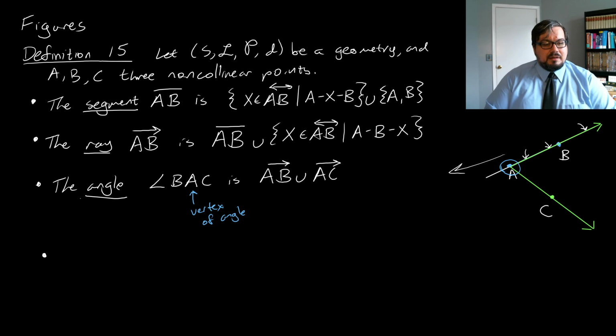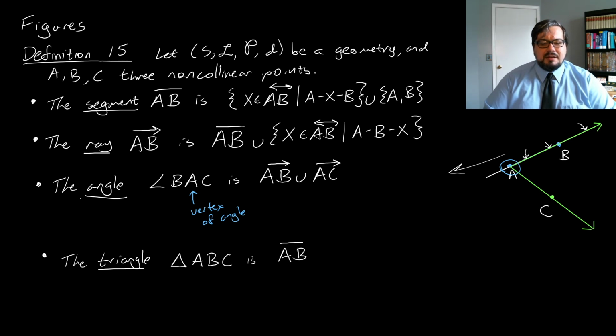And then finally, the triangle ABC is the union of three segments. It's the union of the segment AB, the segment BC, and the segment AC. So we'll do that in yellow over here.